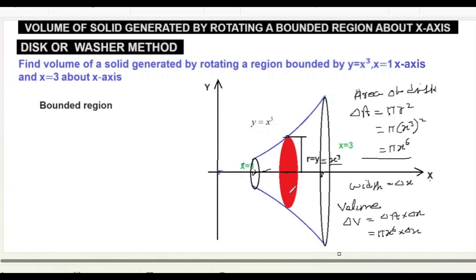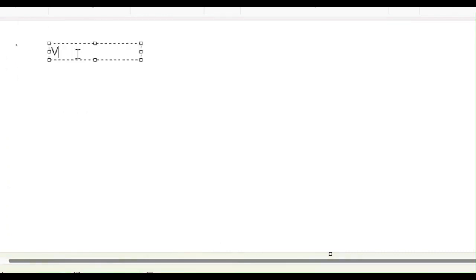As the disk is moving from the point x is equal to 1 to x is equal to 3, here we have x varying from 1 to 3. To find the volume of the entire solid, we have to move the disk from one end to another end. So we have to integrate the volume of the disk from x is equal to 1 to x is equal to 3.